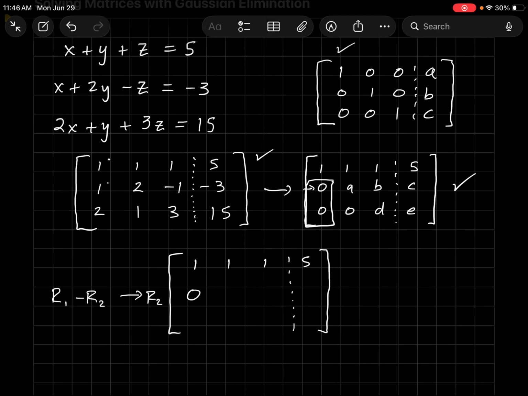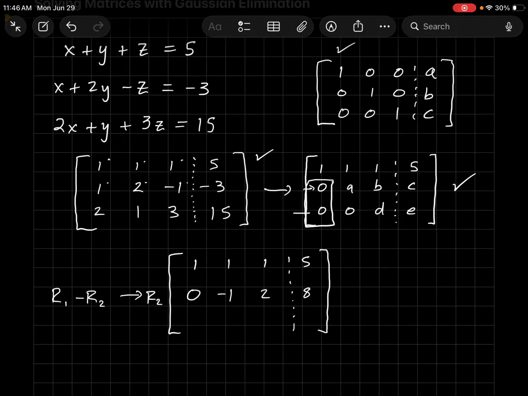So now I'm going to do the 1 minus the 2, give me negative 1. Then I'll look at my third column. The 1 minus a negative 1 gives me the 2. And then 5 minus a negative 3 gives me 8. Now, if you're not sure why I'm doing this, wait till I get near the end, and we'll see why this makes sense to do.